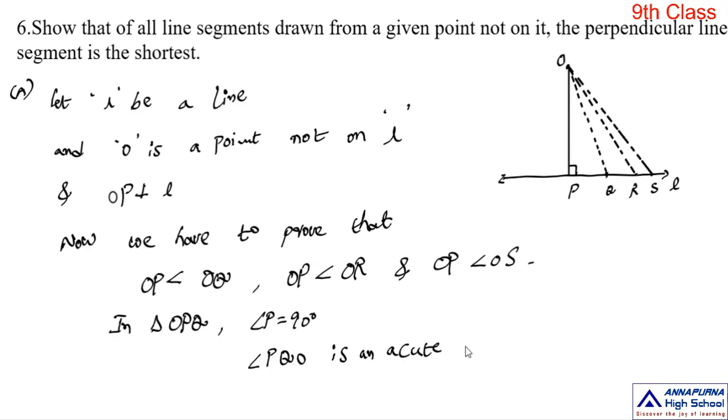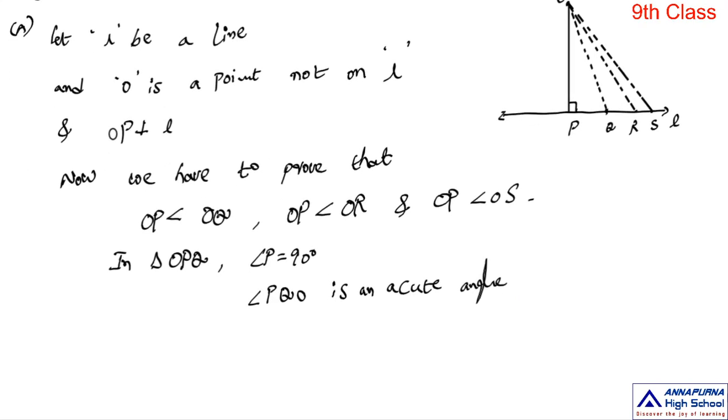Angle PQO is an acute angle, so angle PQO is less than angle P. See the figure, angle P is 90 degrees.